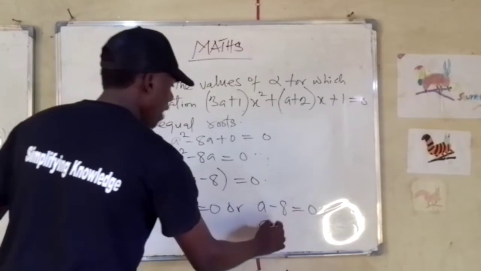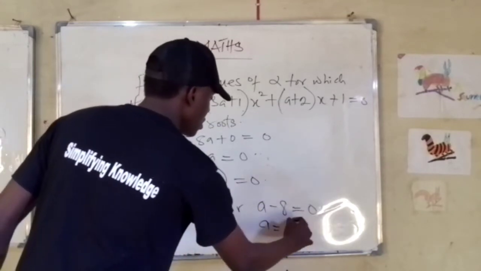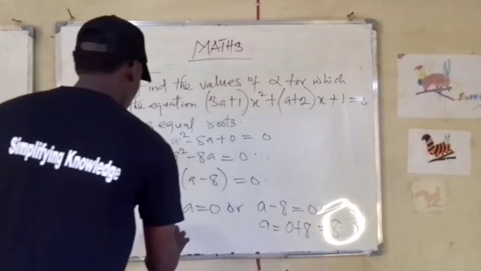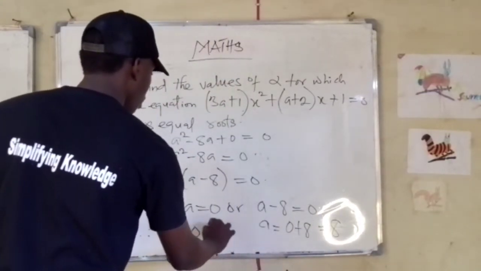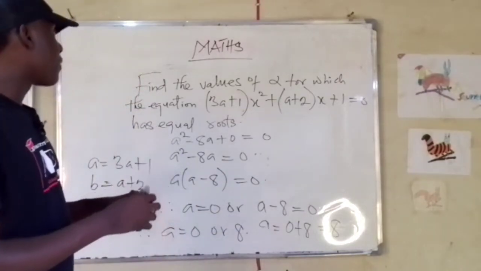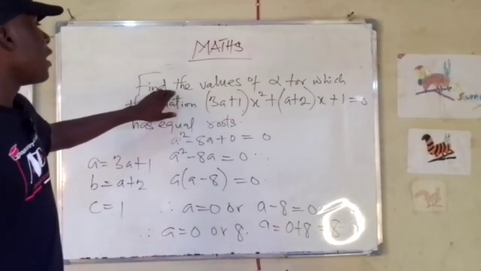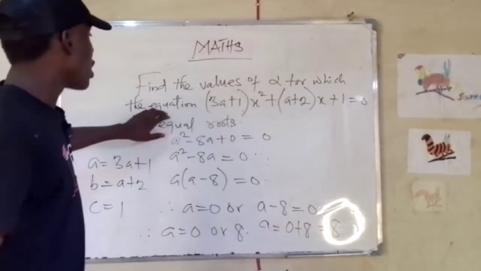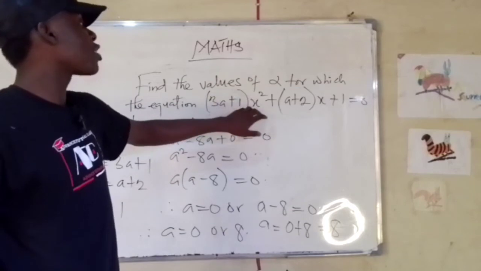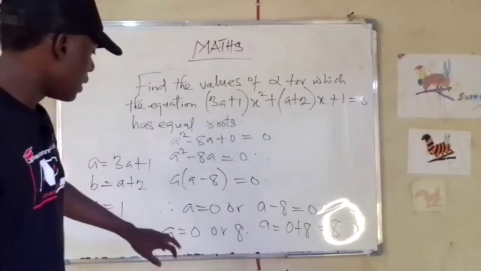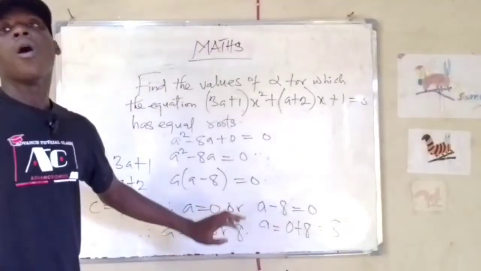From this end, a is equal to 0 plus 8, which is 8. So therefore, a is equal to 0 or 8. So this is the point where we have found the values of alpha. The values of alpha for which the equation 3a plus 1 into x squared plus a plus 2 into x plus 1 equals 0 has equal roots is a equals 0 or 8.